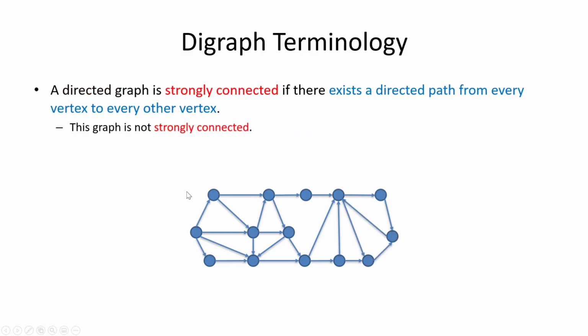Now, using that idea, we can talk about the notion of connectedness as well. Remember, connected was if there existed a path from every vertex to every other vertex. To be what we'll now call strongly connected, you need to have a directed path from every vertex to every other vertex. This is just not true of this graph.